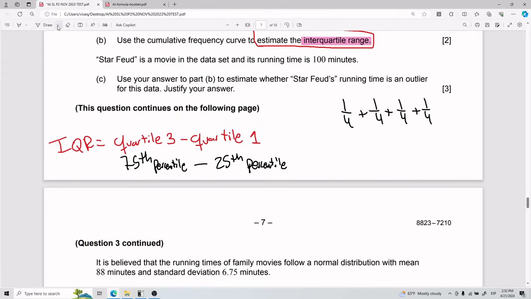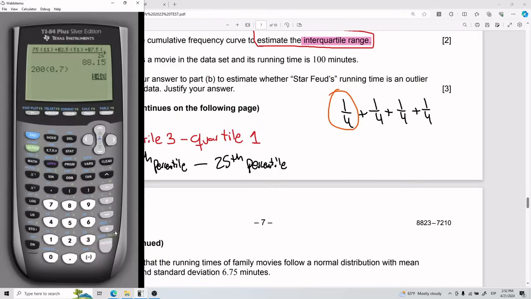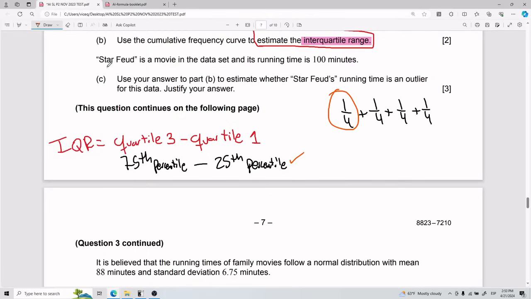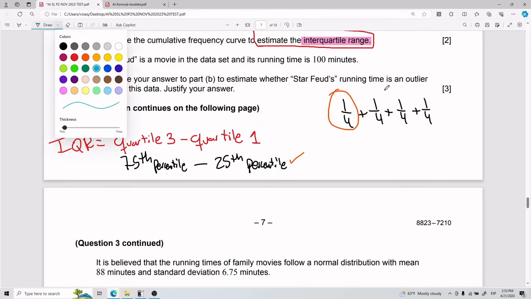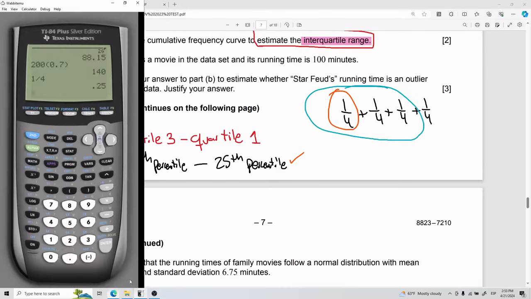And so your first quartile is your first fourth of your data. 1/4, how much is that? 0.25. Boom, 25th percentile. While your quartile 3 is these three guys. So it's 1/4 plus 1/4 plus 1/4, 0.75.